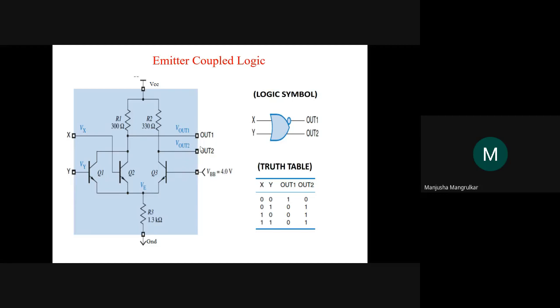So it is a complement. By using these, we can form the two gates, NOR and OR also. That's why it is much faster than the other gates. So emitter coupled logic gives the output to fulfill the truth table of NOR and OR in this circuit.